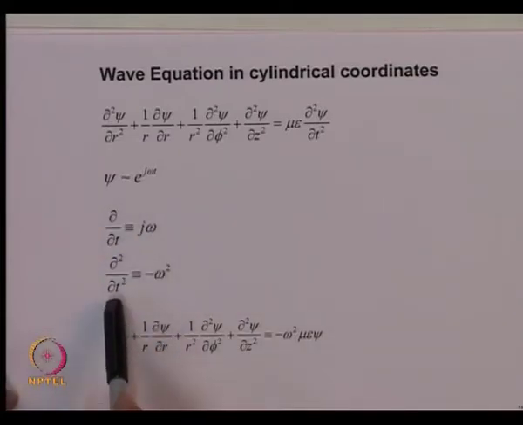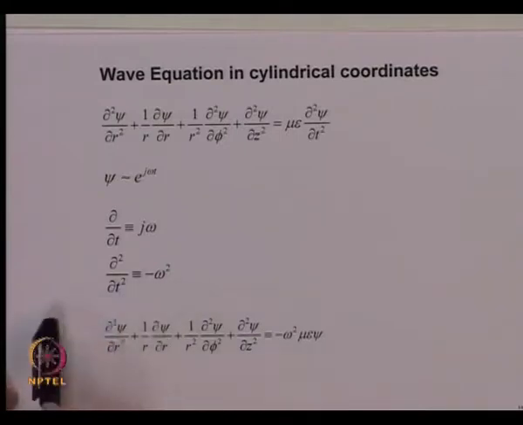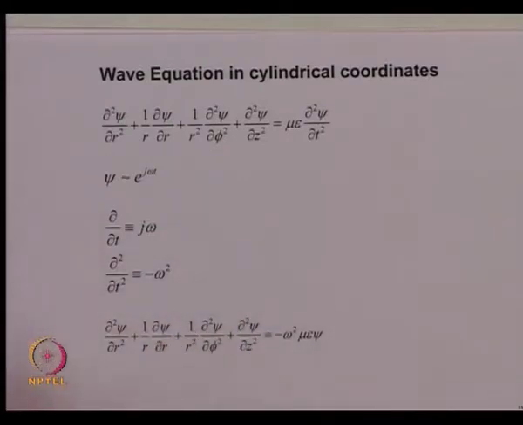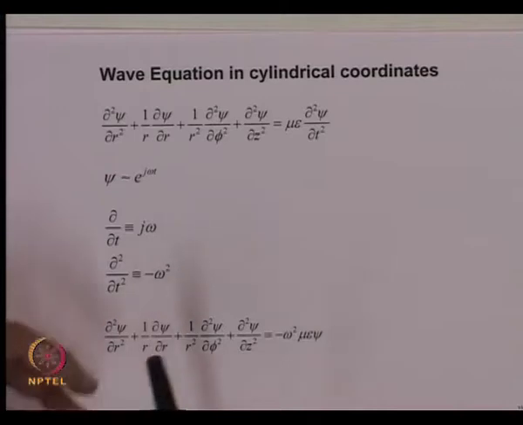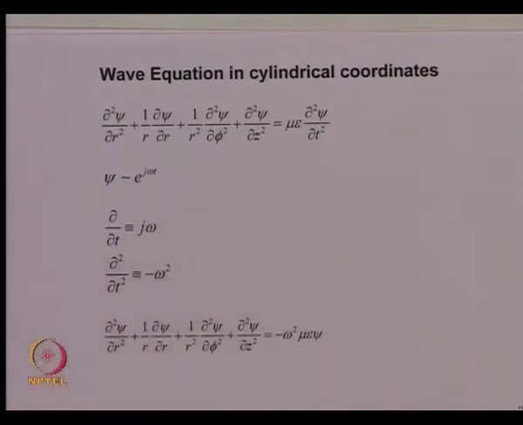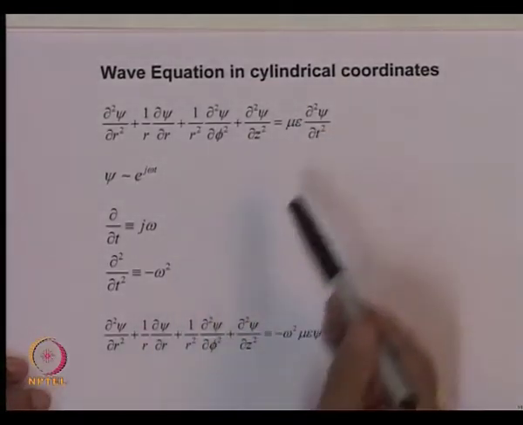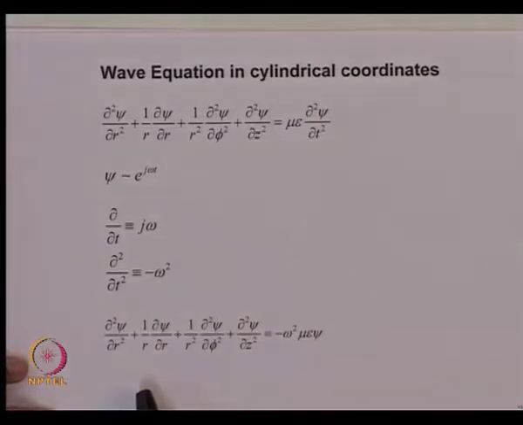So, d2 upon dt square is equivalent to multiplying the quantity by minus omega square. So, any quantity which is varying time harmonically with an angular frequency omega, its second derivative is equivalent to multiplying that quantity by minus omega square. So, I can write this wave equation with the second derivative d2 upon dt square replaced by minus omega square. This thing remains the same. This is now minus omega square mu epsilon psi.